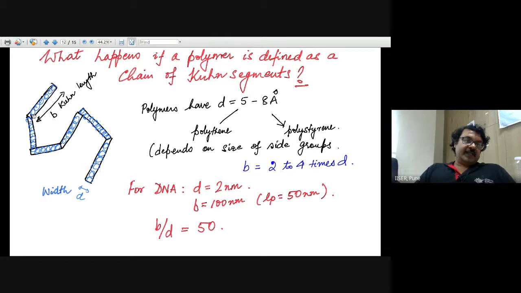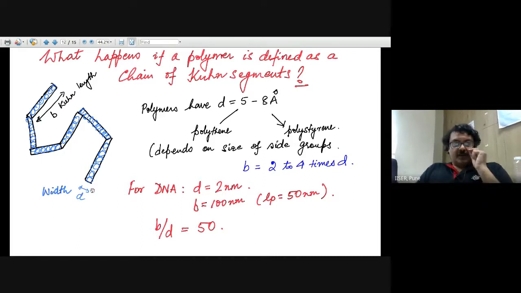When you are looking at length scales above the Kuhn length, you can consider this to be a flexible chain. And these are again monomers sitting along the polymer chain. Now we are just considering them to be basically rods of Kuhn segment length B, whereas the diameter of the polymer chain gives the width, and that is denoted by D.